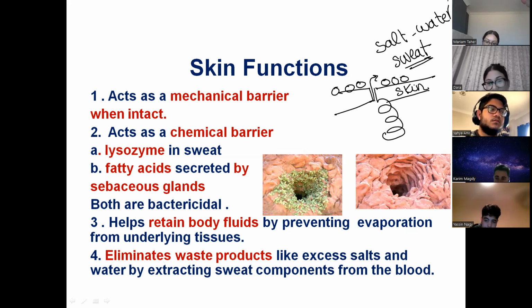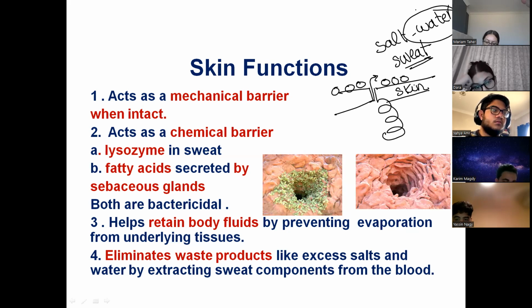Okay, how can you explain this paradox? We are now focusing on water homeostasis in sweat, because sweat also helps homeostasis through regulation of heat, but now I am focusing on water. We said that it helps excretion of surplus water, but at the same time it helps water homeostasis by preventing evaporation of water from the underneath tissues.